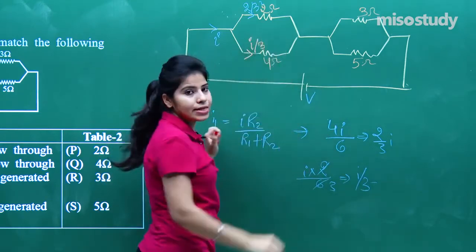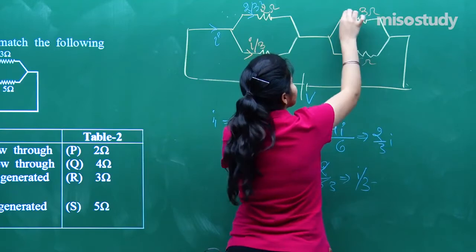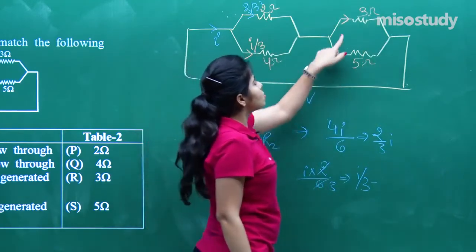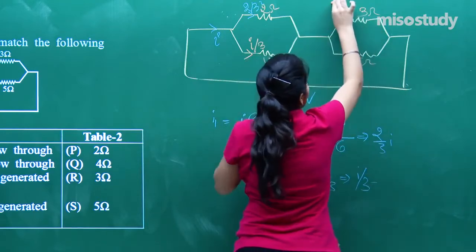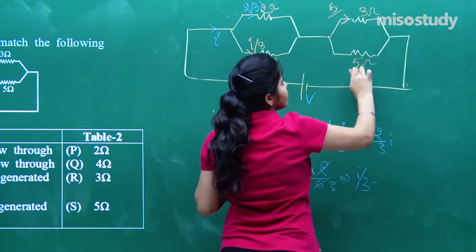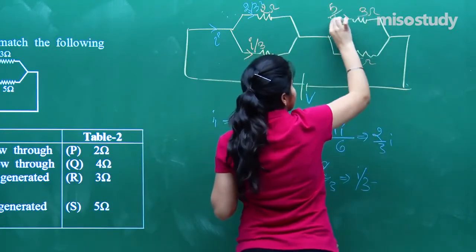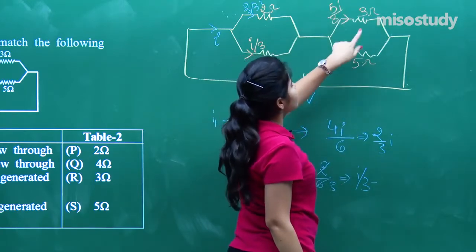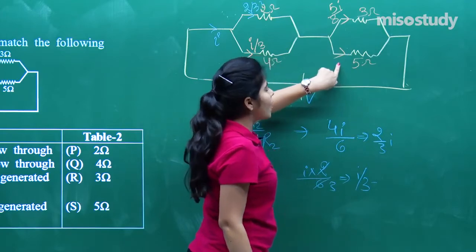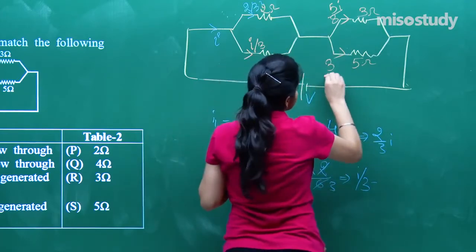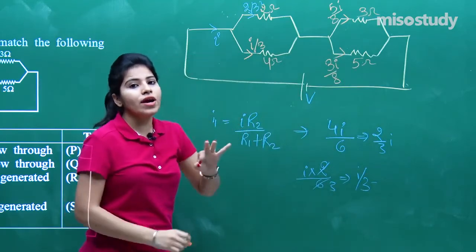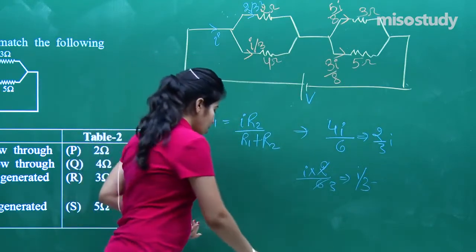This is I by 3. Now in this arm again the current is going to be divided in the inverse ratio of the resistances. So your current in this arm will be 5 divided by 5 plus 3, that is 5I by 8. And similarly over here the current will be 3I by 8. So this is the ratio of current in the different branches.